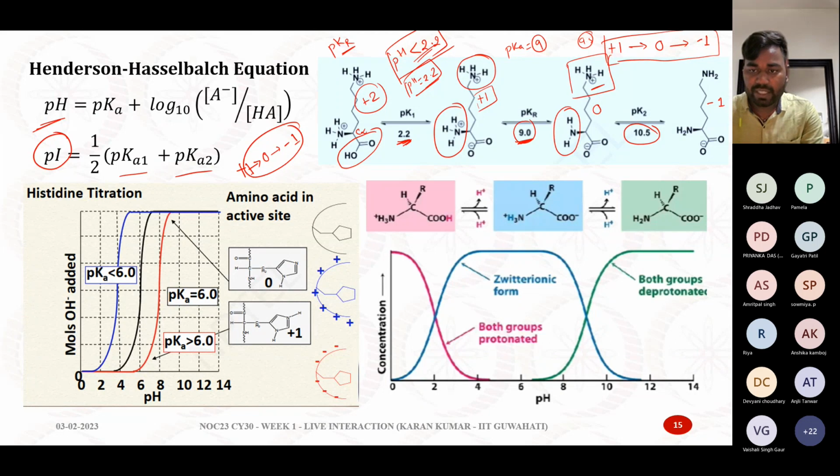So in the case of arginine, this transition is +1, 0 and -1, so you will take these two pK values to calculate the PI value of arginine.